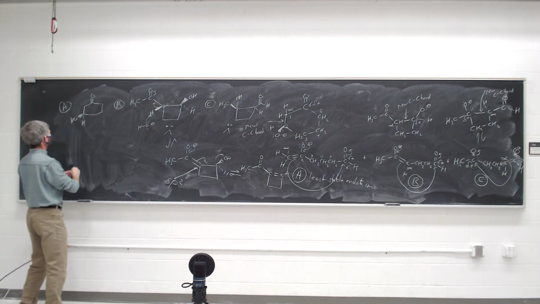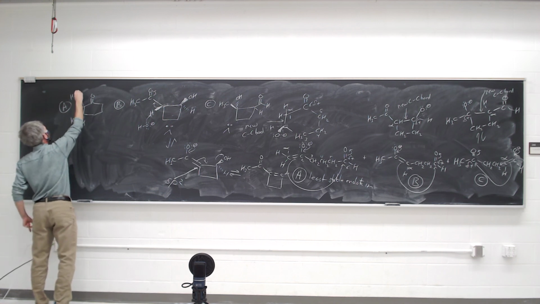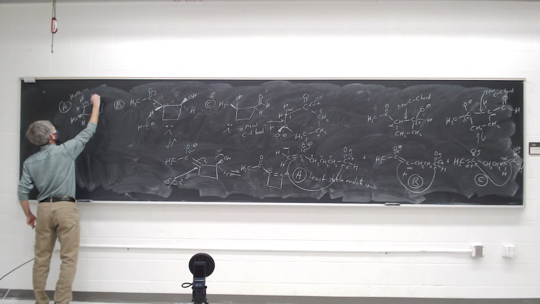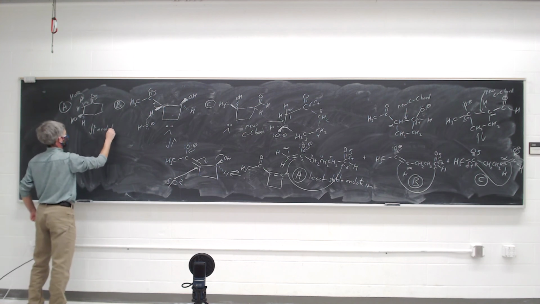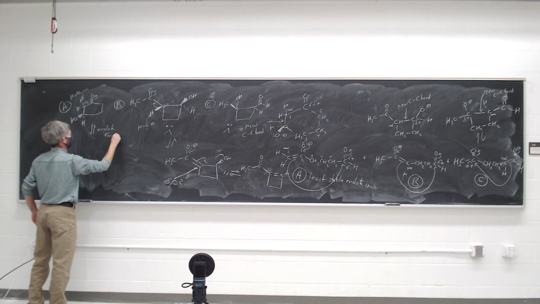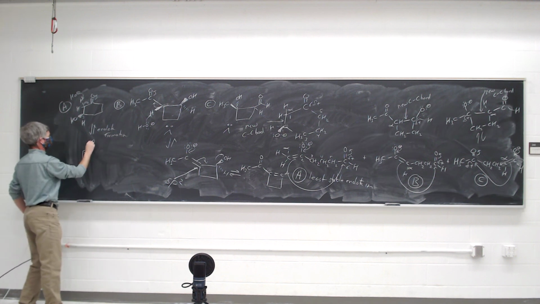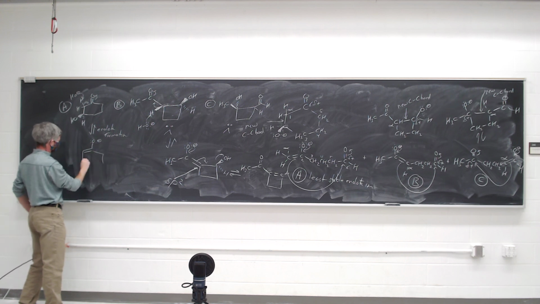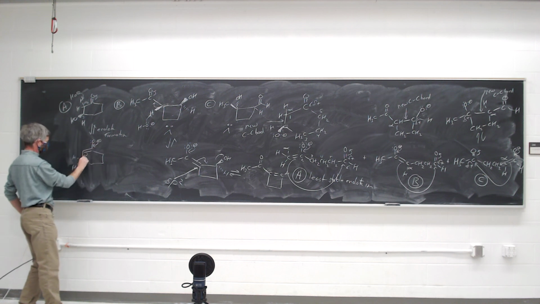And you will get it in two steps. Form the enolate, and then eliminate hydroxide.